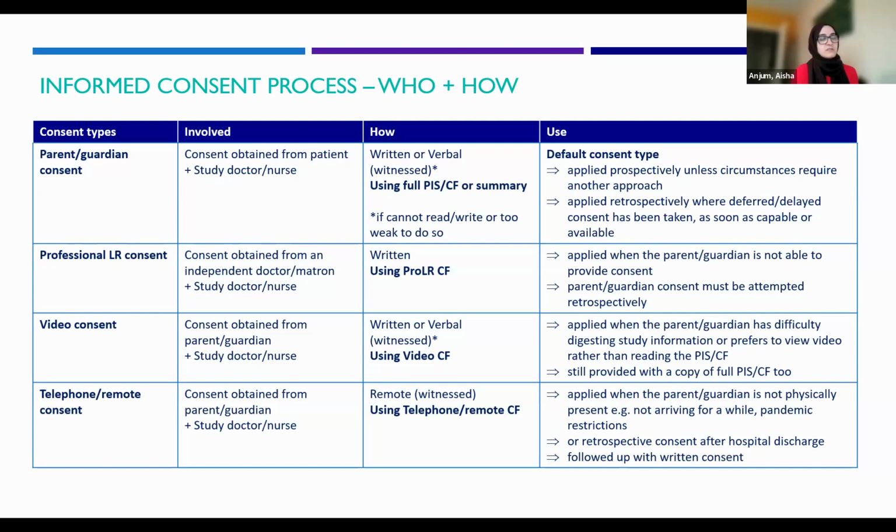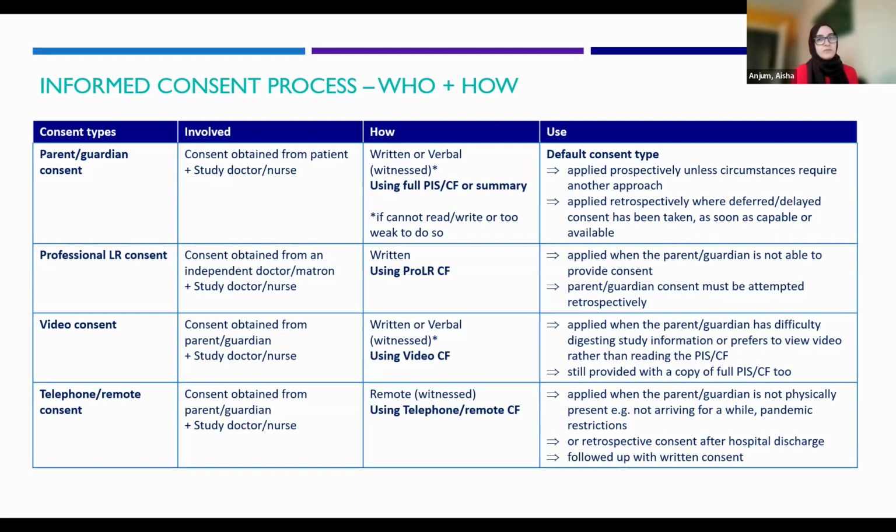Professional legal representative consent, we have a form for that. And then we have a video consent form as well for those who may request information in a different format or prefer not to read the full information sheet.